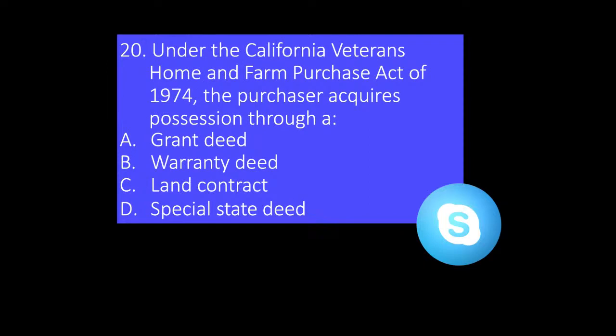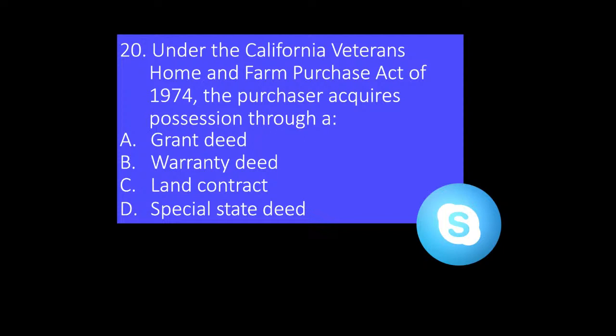Okay, next one. Under the California Veterans Home and Farm Purchase Act of 1974, the purchaser acquires possession through A. This is a hard question.